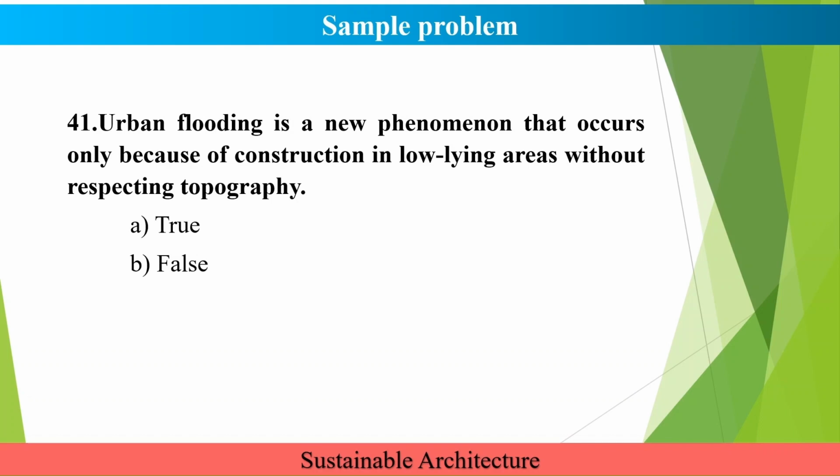So the word only is the reason that we opt for option B, false. Low-lying area is one of the reasons, not the only reason. Is it clear, Payal, now?